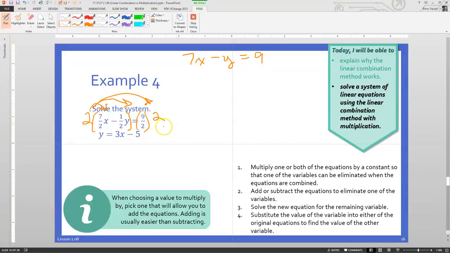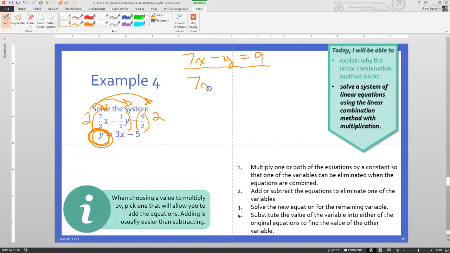But it is solved for y. So instead of using elimination, I'm going to use substitution. Even though this is a lesson about elimination, it's more about the multiplying part. So I'm going to take that y equals and put it in for y in my new equation.